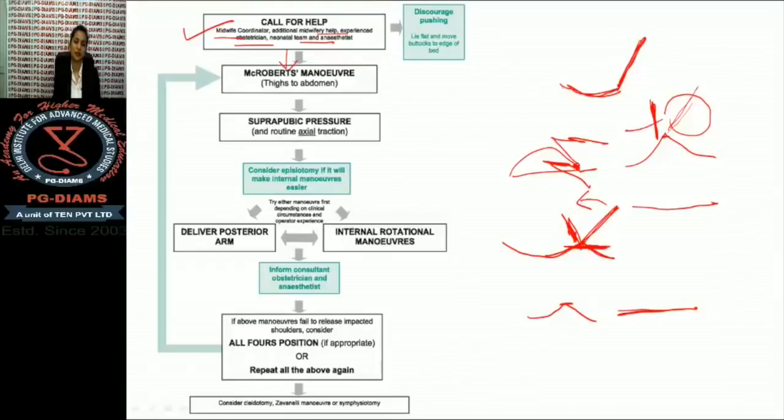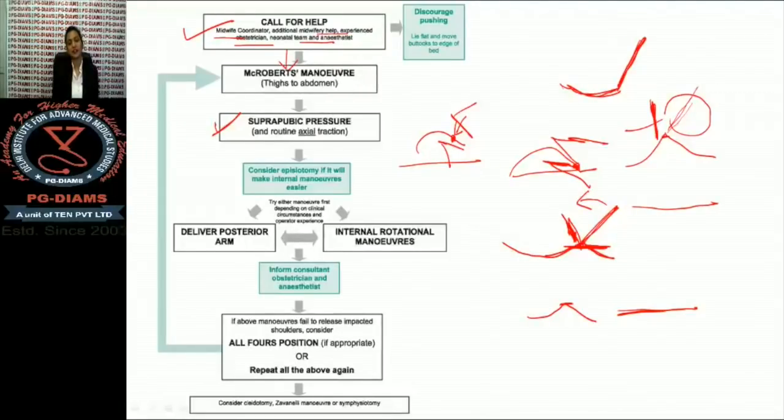So that is what is done by McRoberts maneuver. When you flex the legs, the angle straightens a little. So this may deliver. Along with this, you will also give suprapubic pressure over the abdomen. Here, your assistant will or you will give suprapubic pressure with the mother's thighs flexed over the abdomen. That's very diagrammatic here.